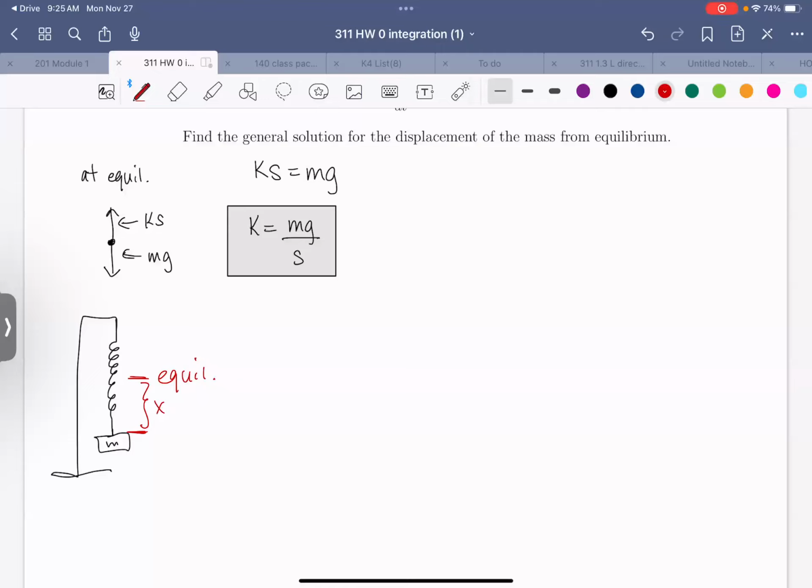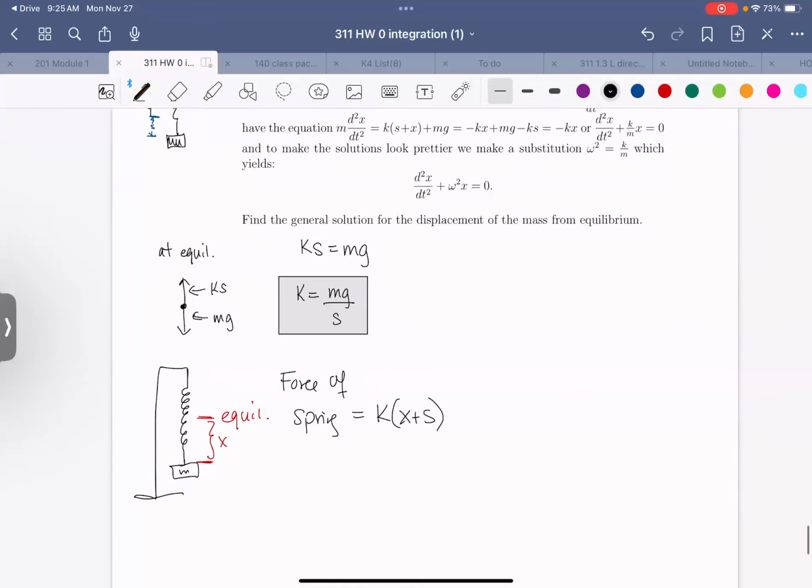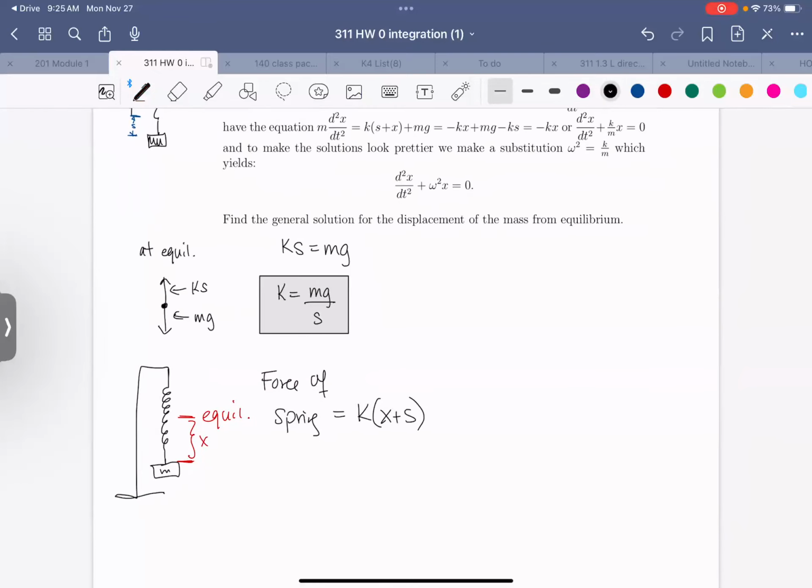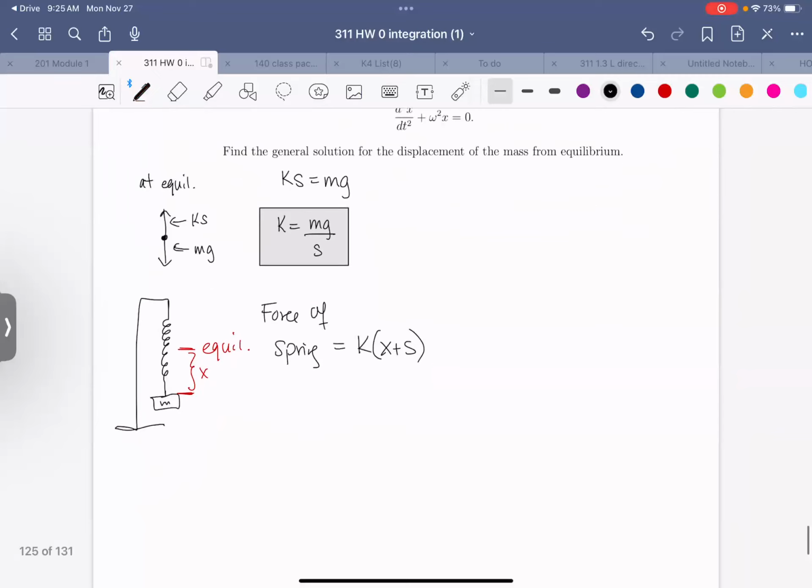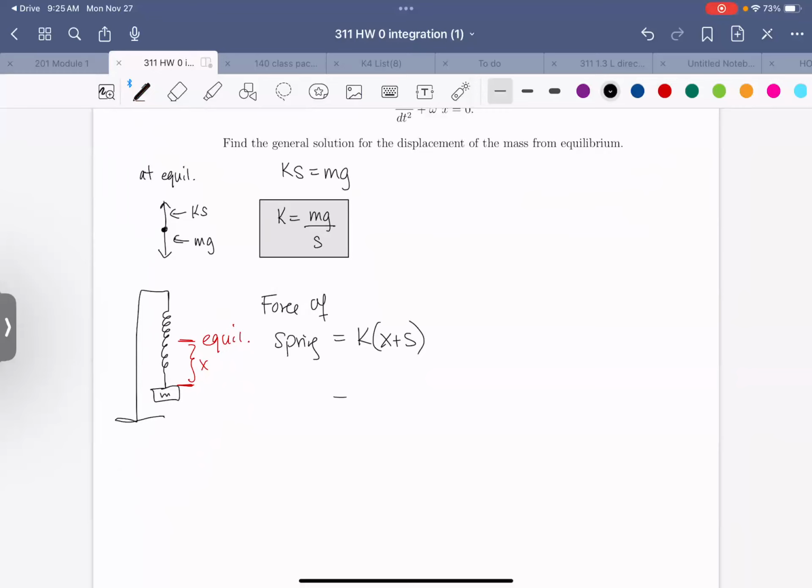So now your force due to the spring is going to be equal to K times X plus S. And then you have your gravitational force, which is still your mg.